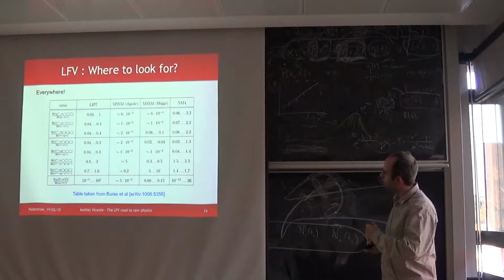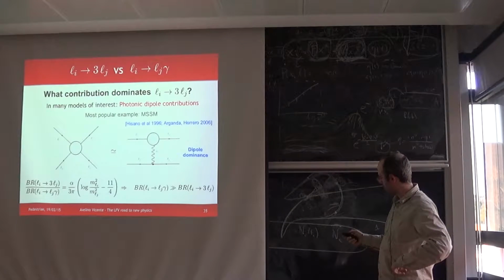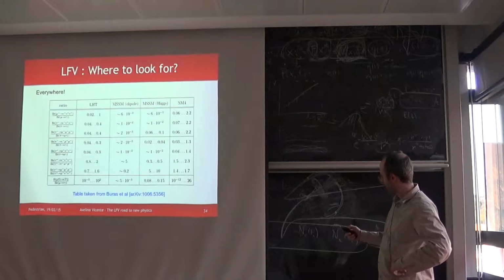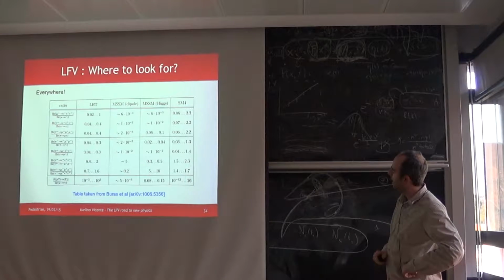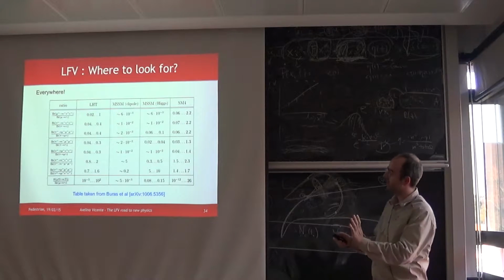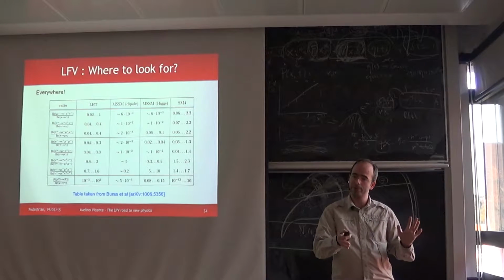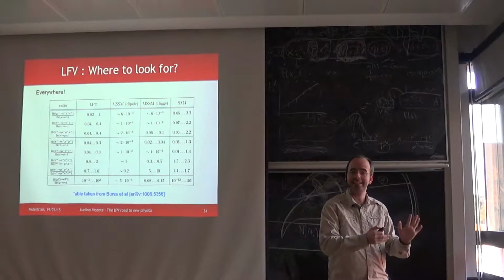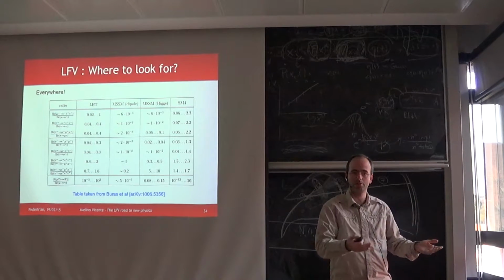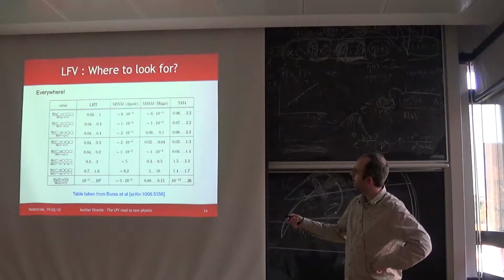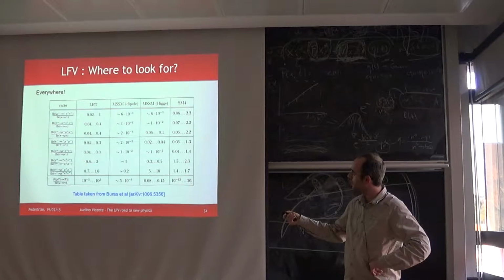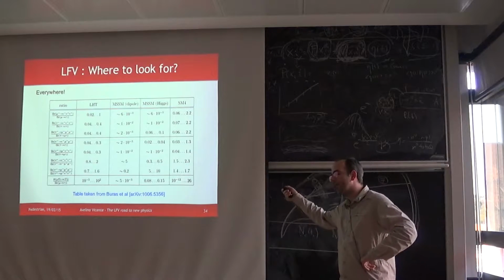And in order to show that, I took this table from this nice paper. Basically what they do is they consider several models, they compute some observables, and they take ratios of observables. So, for example, here, they consider the branching ratio of mu to 3 electrons divided by the branching ratio of mu to e gamma.